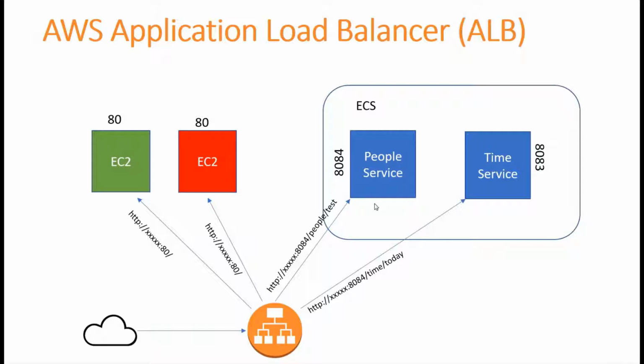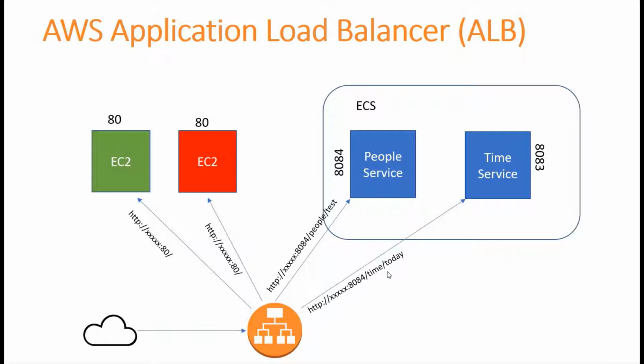In another example, I'll show you based on the path. I'll define a path rule where, if a request comes to that load balancer with slash people, then it should go to the target group where I'm specifying it should call the people service.